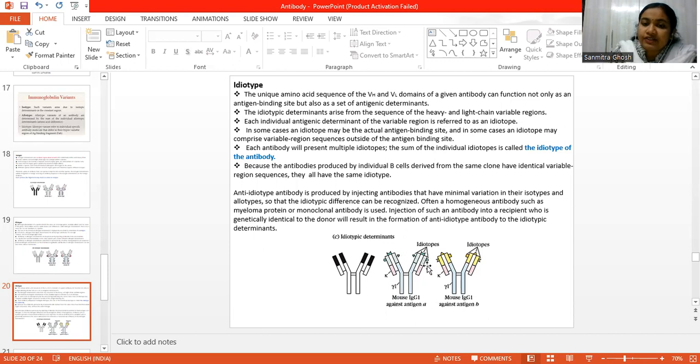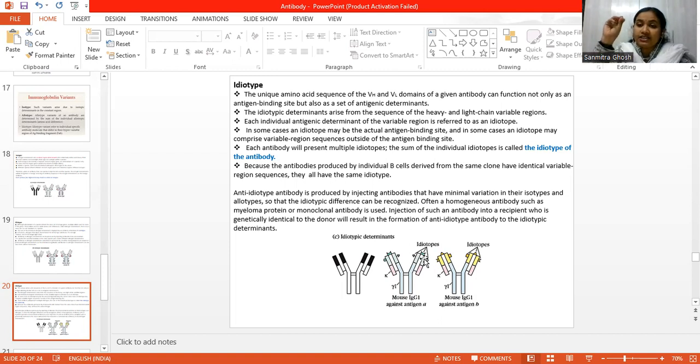Because of this ball-and-stick way of showing the different variation, the idiotope of the mouse IgG1 which has been raised against antigen A is different from the idiotope of the mouse IgG1 which has been produced against antigen B. So this variability, found in this particular region of the same type of immunoglobulin, that is IgG1, is referred to as the idiotope.